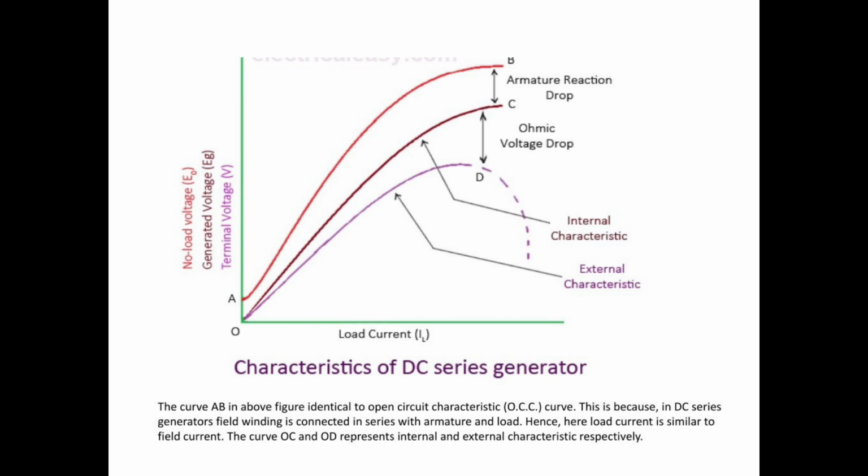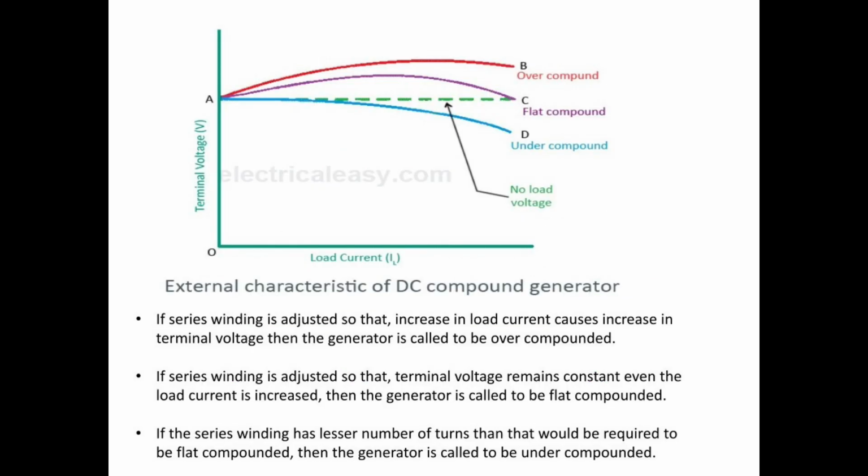Okay, hope you are understanding. So this is about the characteristics of DC series generator. Last one is characteristics of DC compound generator.